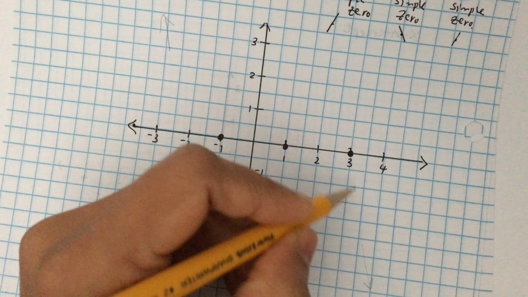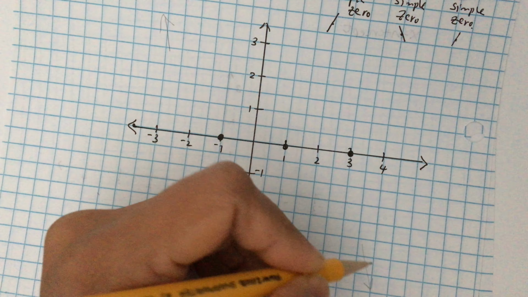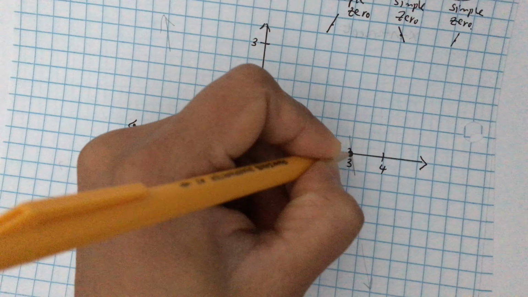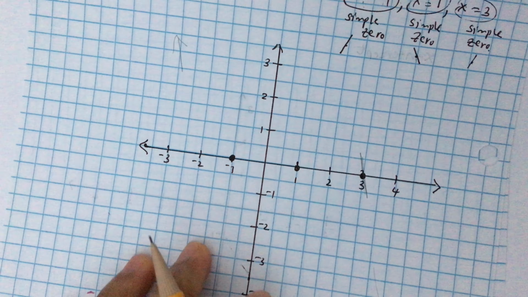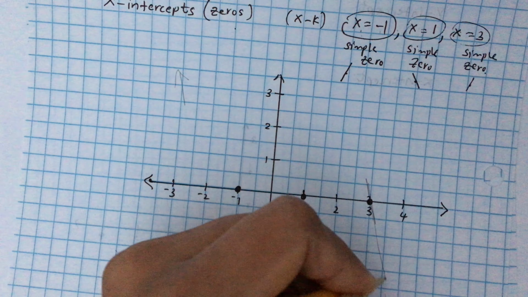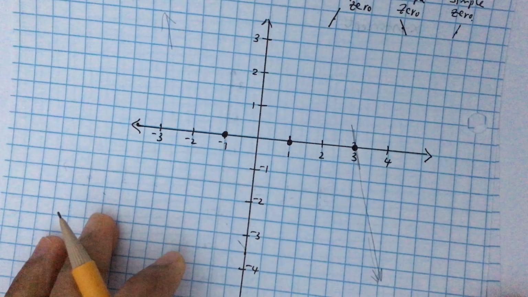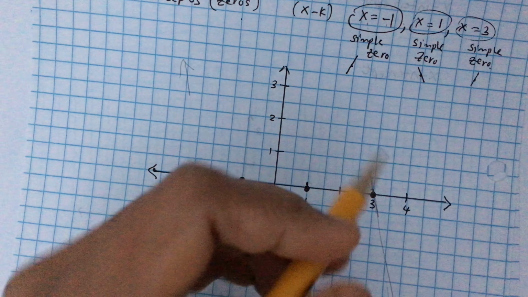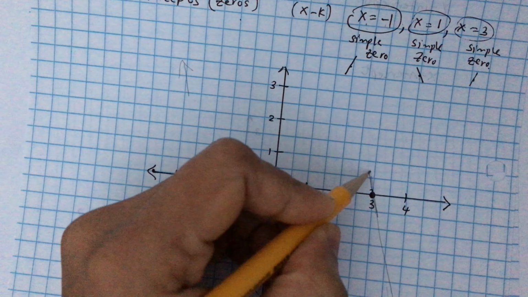so my graph goes over here. So at x equals 1, it's a simple zero. It's like this, right? And then my graph at this side is like this, and this is also a simple zero. As you can see, my graph goes over here, right?